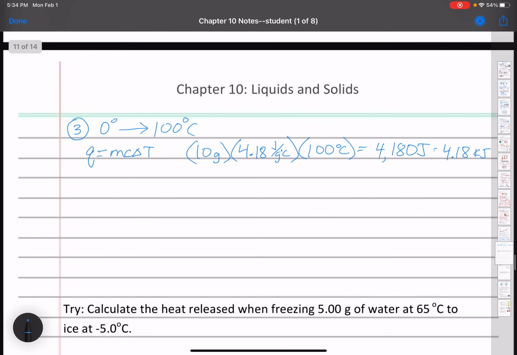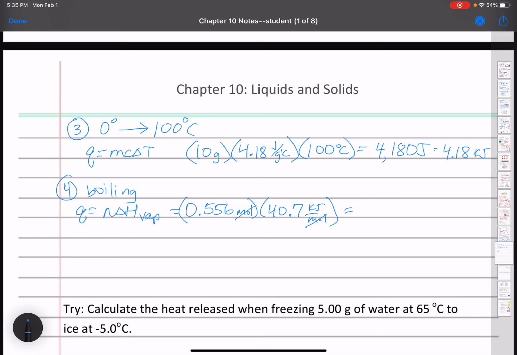Step 4 is the boiling, and we already know the number of moles because we calculated that in an earlier part of the problem. So it was 0.556 moles times the heat of vaporization this time, and that is 40.7 kilojoules per mole.